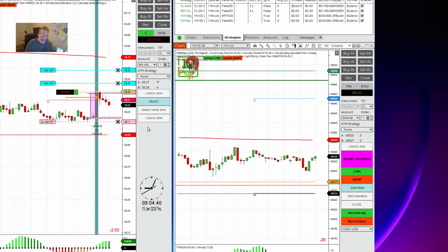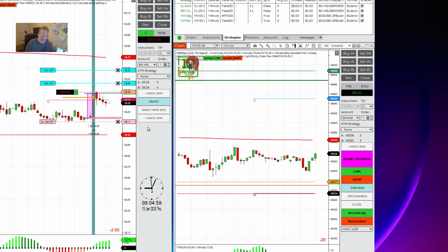Now, the oil open was a rare breakout that would have filled you long, and you might have gotten, I don't know, maybe a few ticks out of it. But I think oil is, unfortunately, really going to struggle to push up.